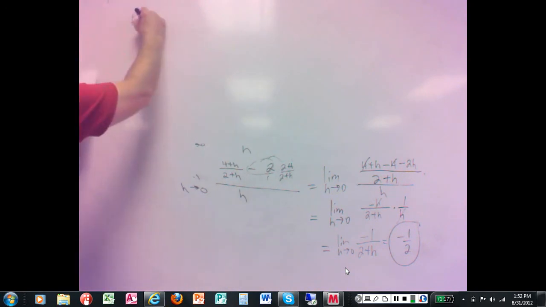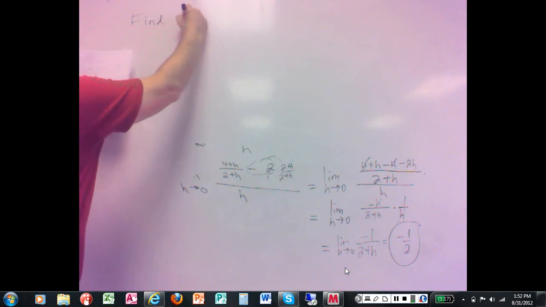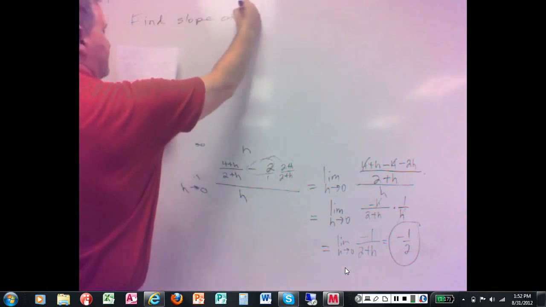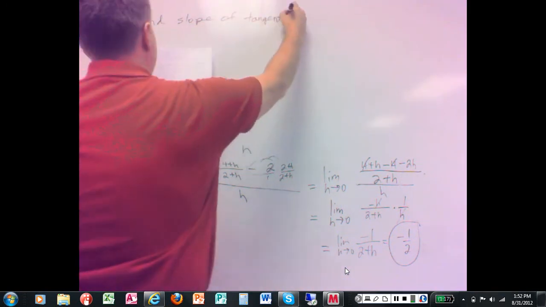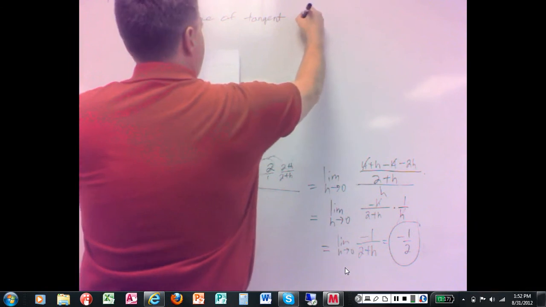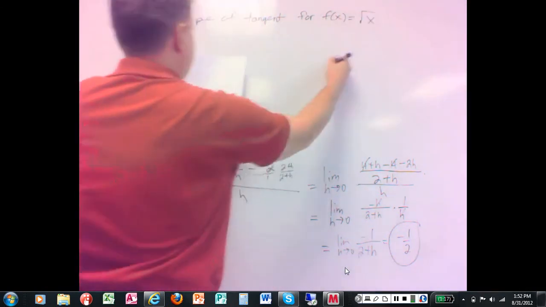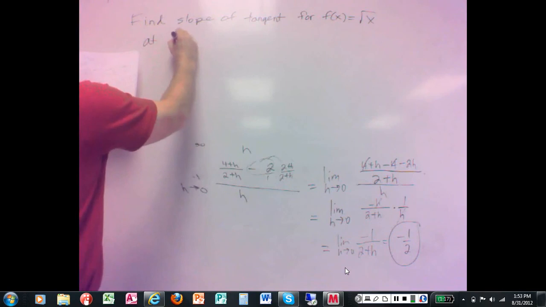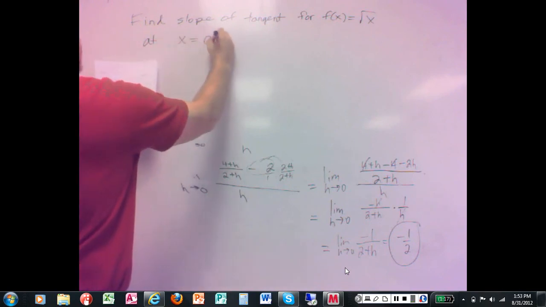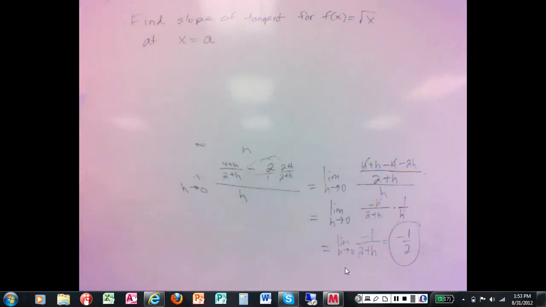Let's find the slope of the tangent for f of x equals the square root of x at x equals a. In other words, we're going to do this one in general.